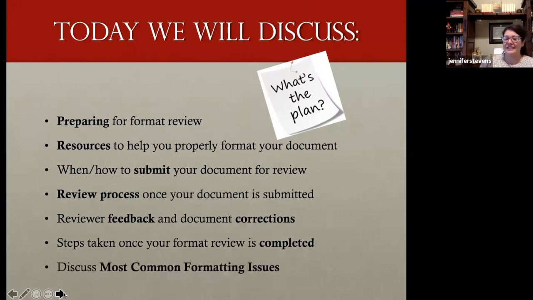And then finally today we'll go over some of those most common formatting issues, right? So things that we've seen over the years that students might struggle with, or little pitfalls that might hold people up.